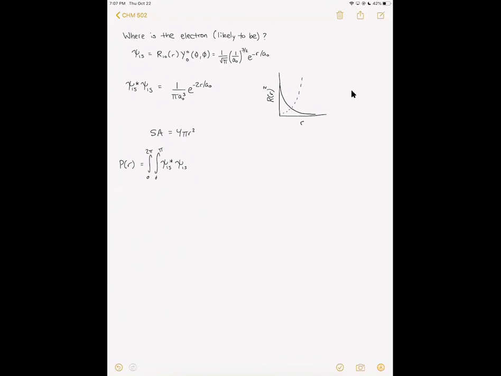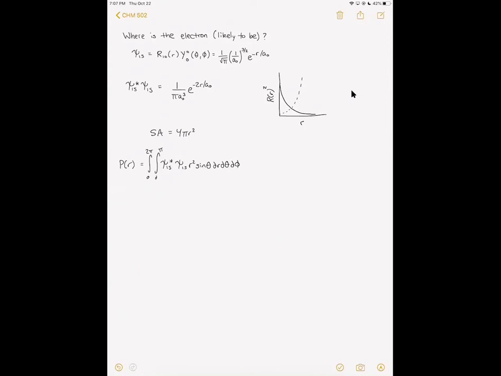So what is the volume element for spherical coordinates? It's not dr d theta d phi, rather it's r squared sine theta dr d theta d phi. And this is the problem that we had to solve. So this is going to account for the spherical nature of the 1s orbital, and it will account for the variety of other shapes of orbitals we get as well.